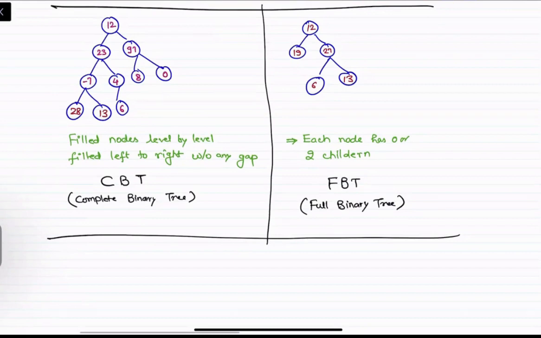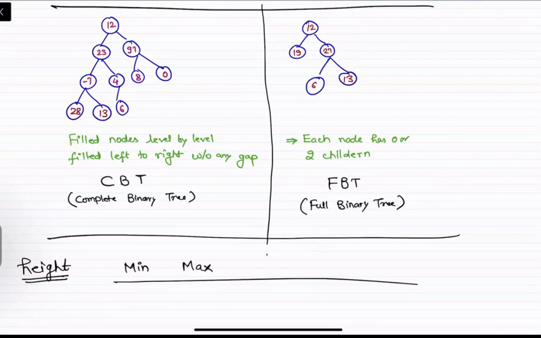But I still want you to do some computation. If I give you a CBT of some height, if I fix the height, I want to know from you the minimum number of nodes and maximum number of nodes with which you can create a CBT.